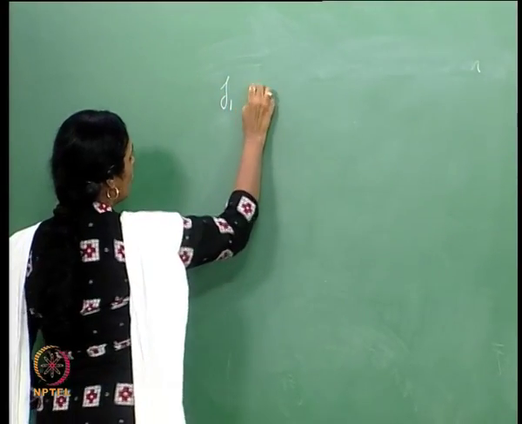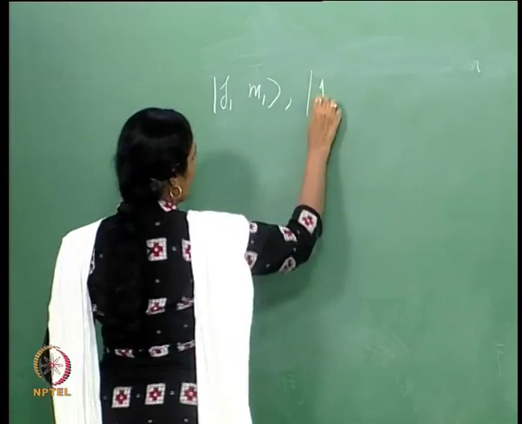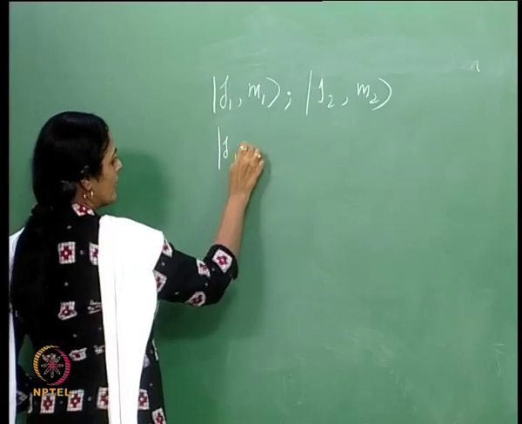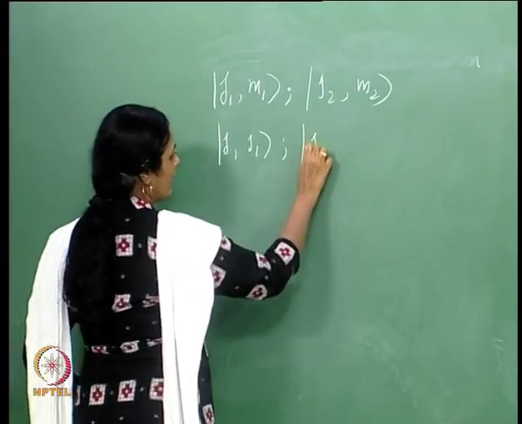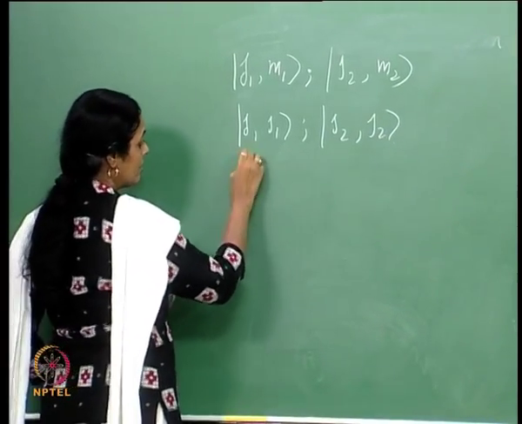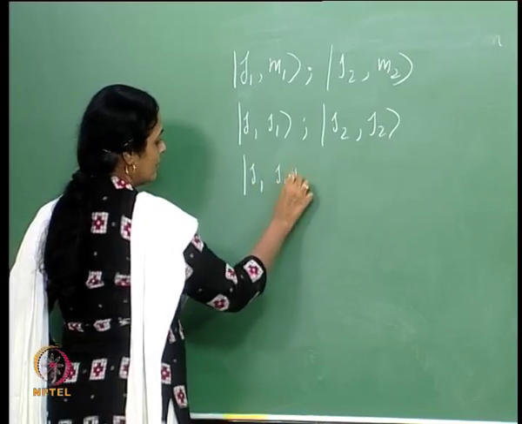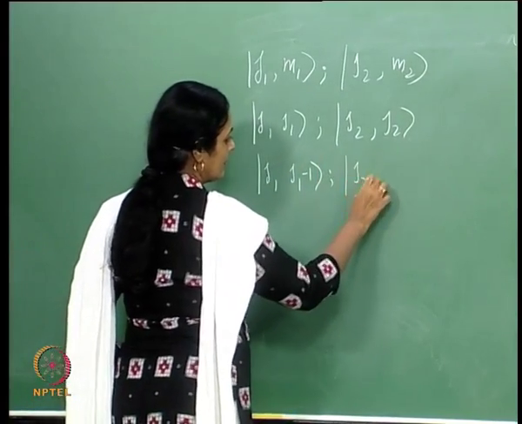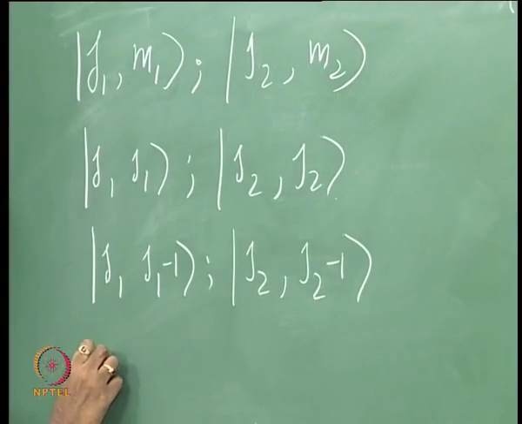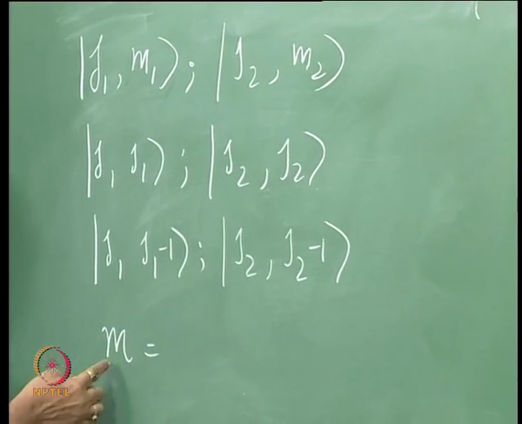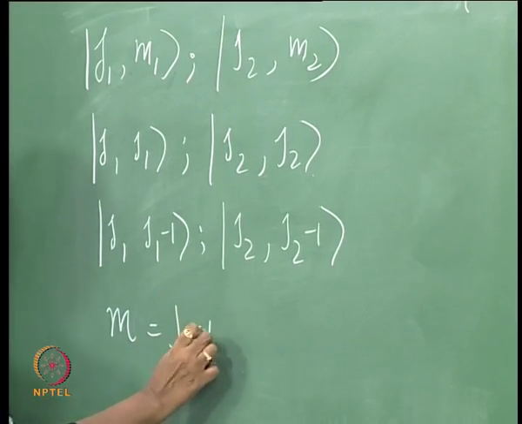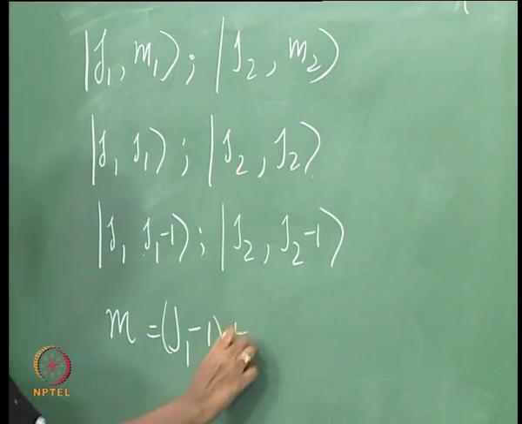Given j1 m1 and j2 m2, the highest values that m1 and m2 can take are j1 and j2. The next value could be this, because m reduces in steps of 1, and therefore the value that m can take, m is m1 plus m2, could be j1 minus 1 from here with j2 from there.